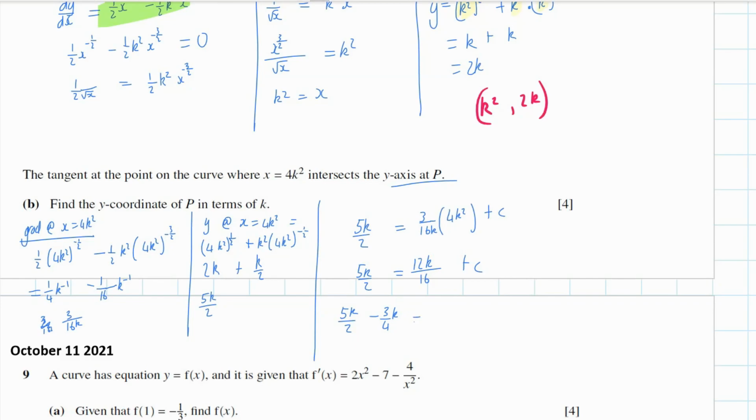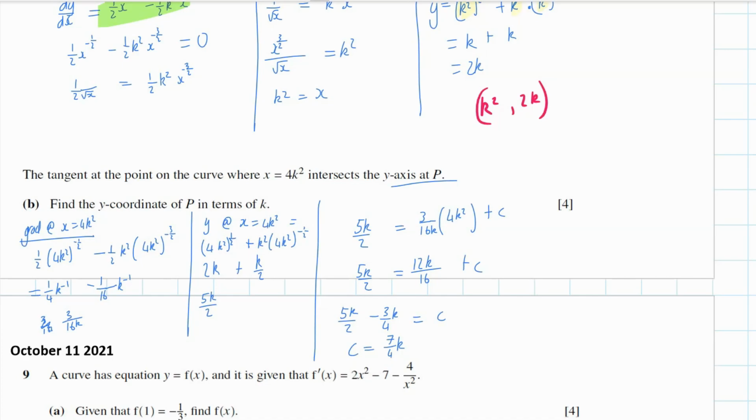Now that's a bit better. Now I guess we could make them both into quarters, so 10 quarters take away 3/4, so I think it should be 7/4. Oh, that's messy. C equals 7/4 k. And I guess that would be the answer.